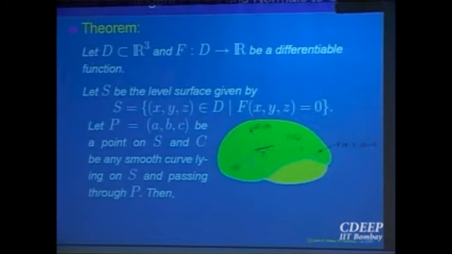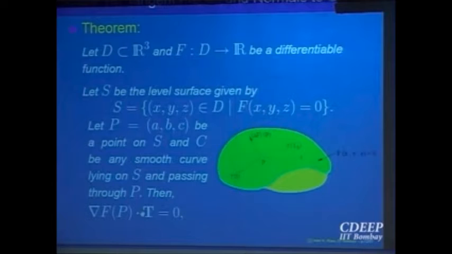So at this point there is a tangent to the curve, and if we take any other curve there will be another tangent, and still the same gradient is perpendicular to it. Intuitively, that tells us we can call this the normal to the tangent plane. So the claim is that given any curve, if t is the tangent vector to the curve, then the gradient dot t is equal to 0.